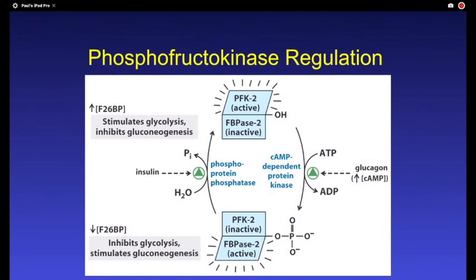The regulatory site has a serine, represented by that hydroxide. The serine can be in the hydroxide state, or it can be in the phosphorylated state. So this particular set of two enzymes in one protein are controlled by a phosphorylation or a covalent modification. Remember what causes covalent modifications? What causes the covalent modifications?